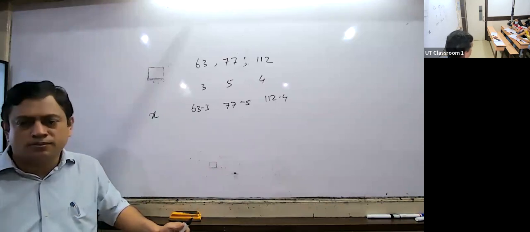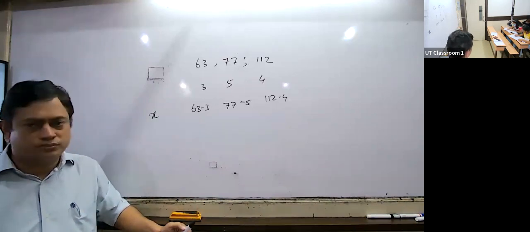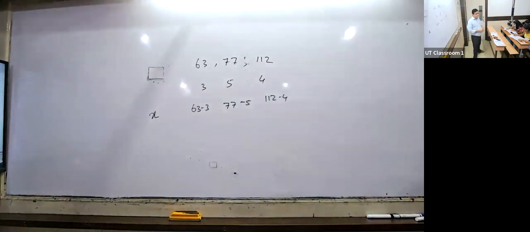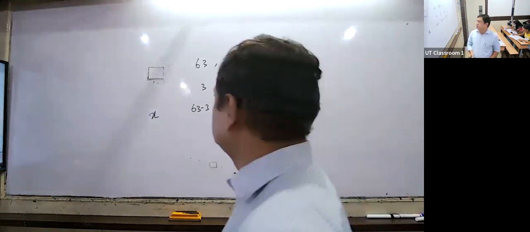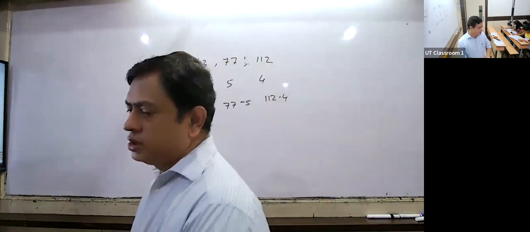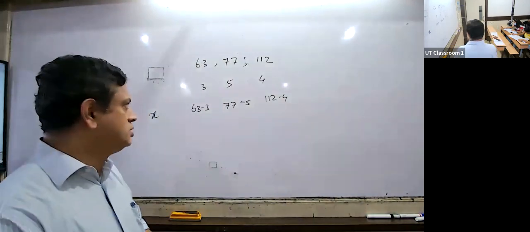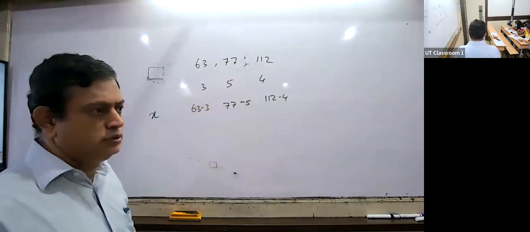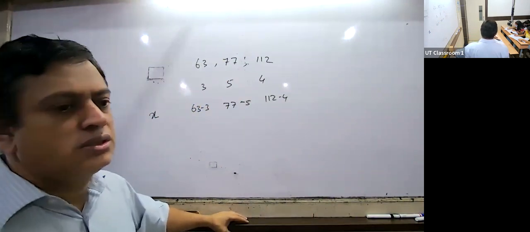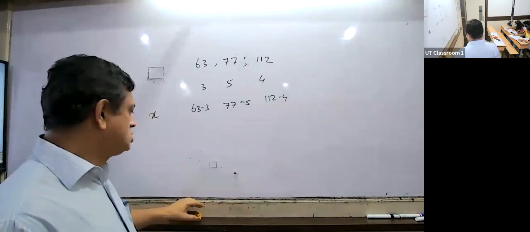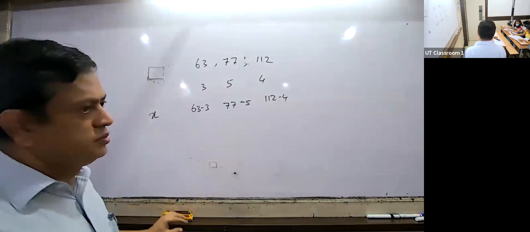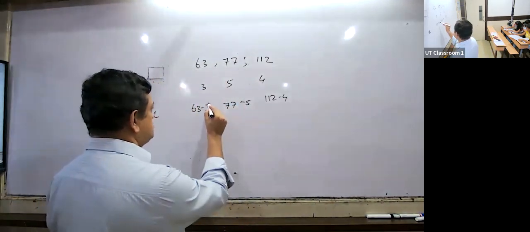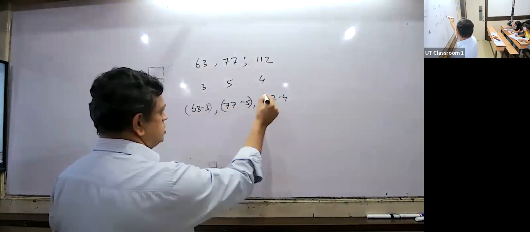Okay, so the largest number which divides 63, 77 and 112 and leaves the remainder 3, 5 and 4 is the same as the HCF of 63 minus 3, 77 minus 5, 112 minus 4.